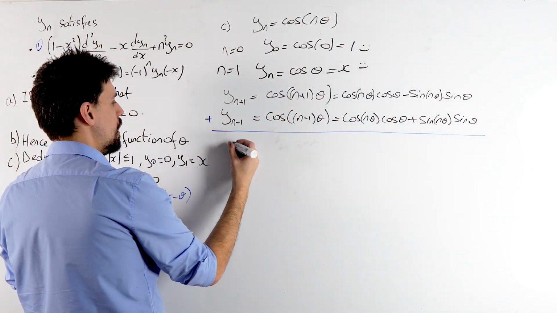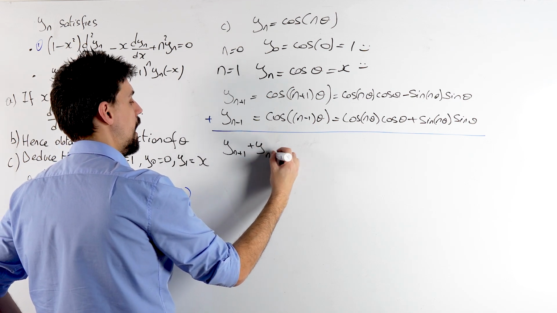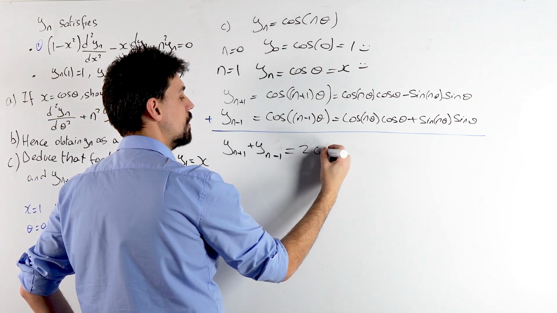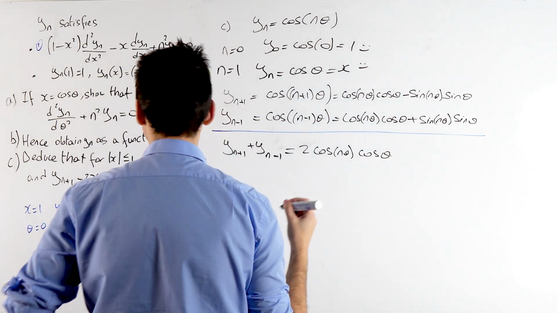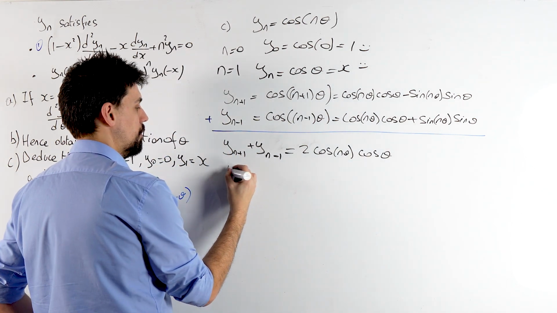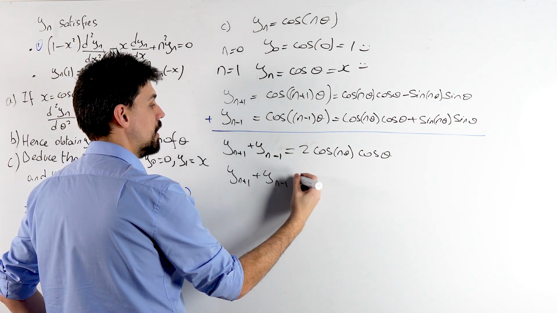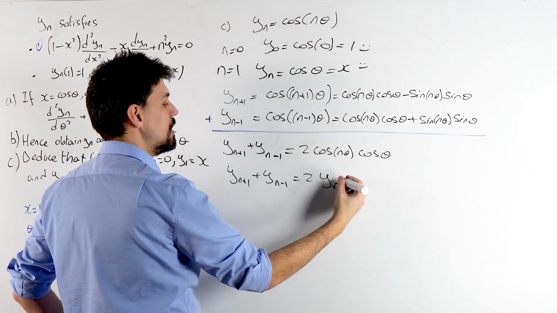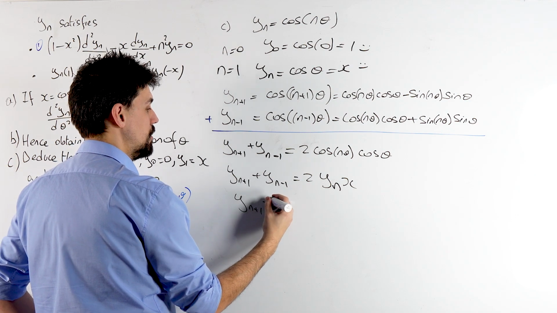We end up with y_(n+1) plus y_(n-1) is equal to 2 cos n theta cos theta. However, cos of n theta is y_n, and cos theta is x, which gives me this recurrence relation.